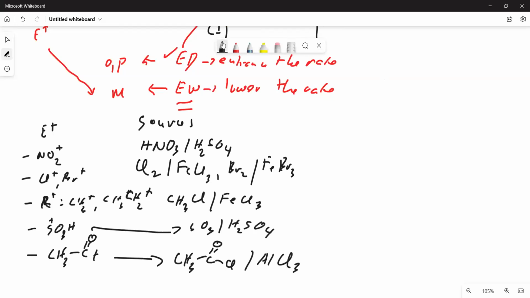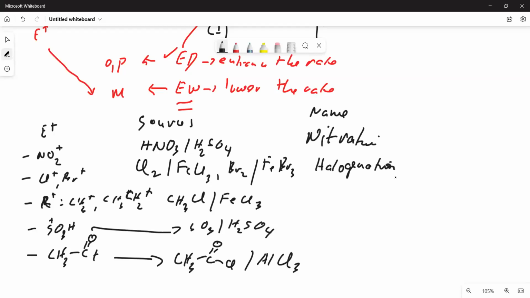If you add NO2 plus as an electrophile, the name is nitration. If you use chlorine or bromine, you call that halogenation. So this is the second type. Third type that we encounter: halogenation. We have halogenation for alkane, which utilizes UV.